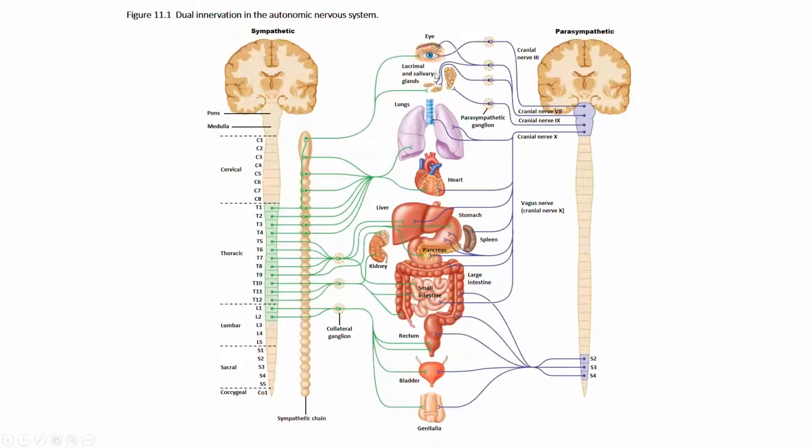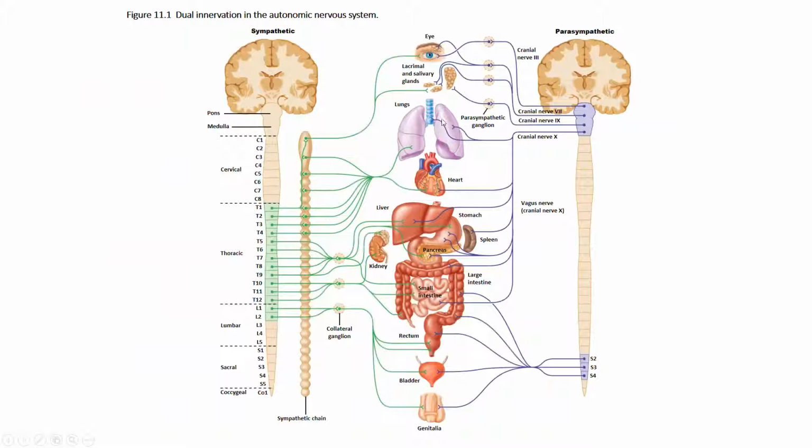So we spoke about several different processes, several different target organs that are affected by the autonomic nervous system. You have your lacrimal glands, which produce tears. You have your lungs, your heart, your liver, which produce some gastric secretions, your intestines, your bladder, which is going to be your urinary production, and genitalia, and so on.